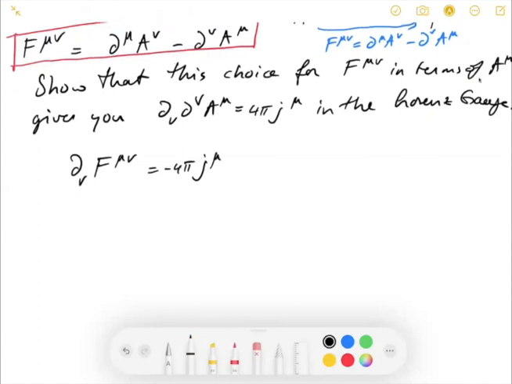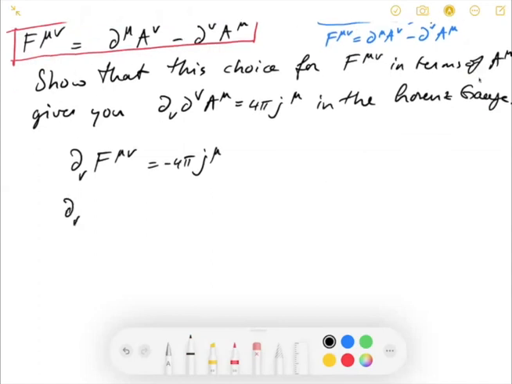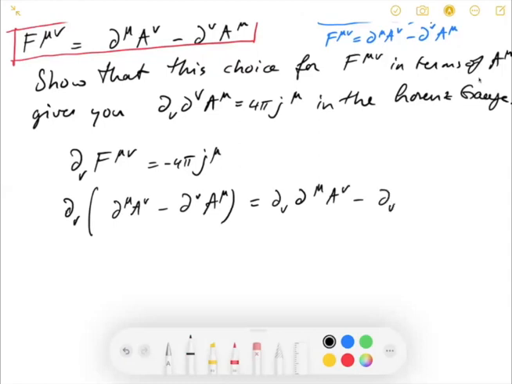But now we also know that F mu nu is actually del mu A nu minus del nu A mu. So if we write this out, we get del nu del mu A nu minus del nu del nu A mu.